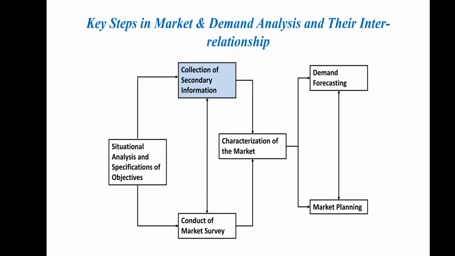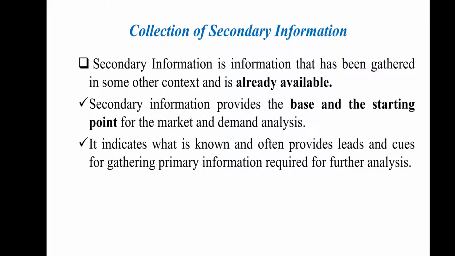The next step is collection of secondary information. We know there are different sources of information, and secondary information is one of them. So what is secondary information? Secondary information is the information that has been gathered in some other context and is already available.